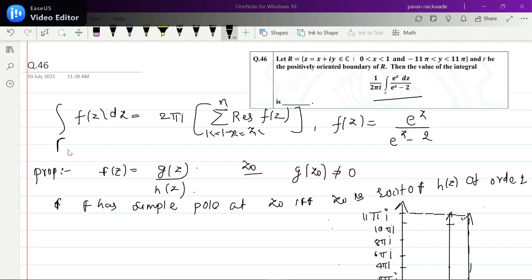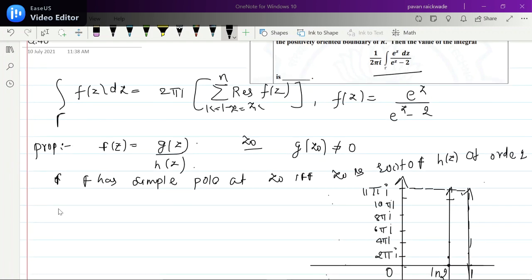Okay, and here the function in the denominator, h of z equals e power z minus 2, and we know h dash at z is e power z, which is non-zero for any z. Thus any root will be a simple root. So f has poles at the roots of e power z minus 2.